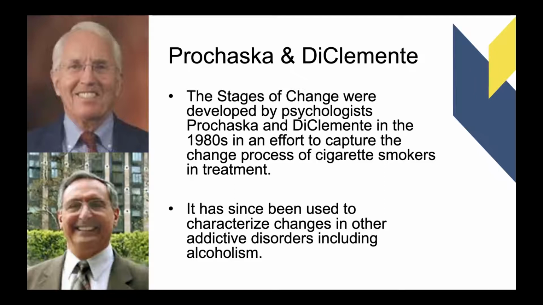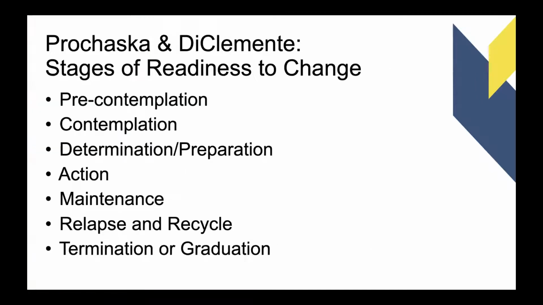I've heard of it being used with diabetes, for example. The stages of change, readiness to change model, covers pre-contemplation, contemplation, determination and preparation, action, and maintenance. It also looks at relapse and recycle as a normal part of the change process, and also termination or graduation.